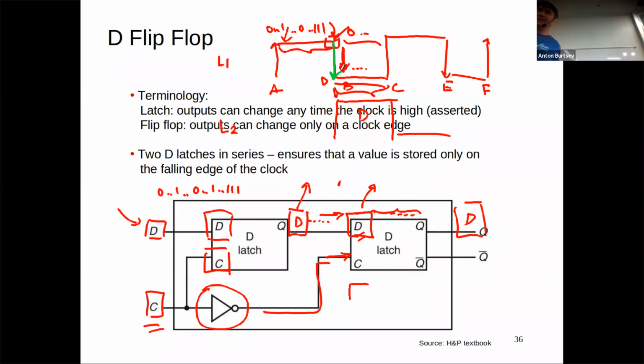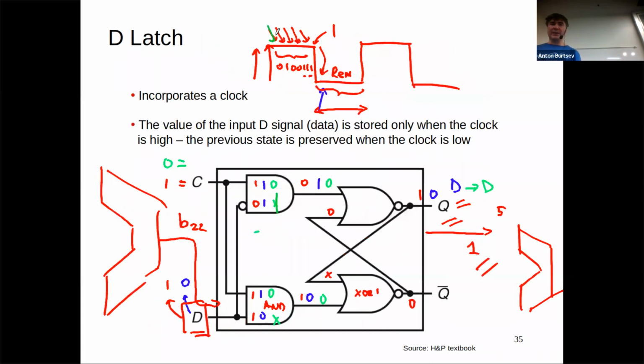Confused? What is going on in between? Like this D, in terms of this output, let's call it Q prime, for example, it can oscillate. Since the clock is high, this D latch, which we discussed right here, for as long as the clock is high, this data will be reflected here. So if data flips from 0 to 1 with a minimal delay of a couple of picoseconds, it will change here.